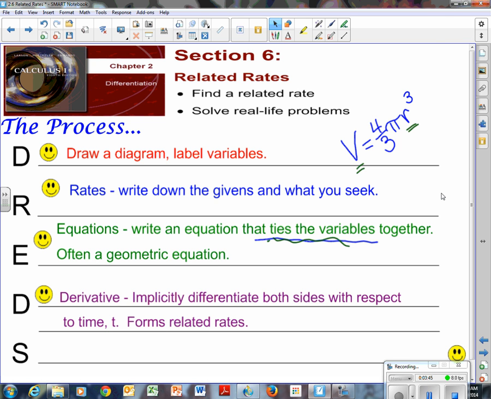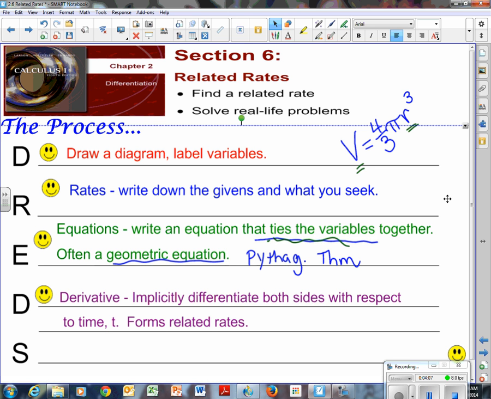Often these equations will be geometric. Example, the sphere, a cone, a cube. We also could do things that involve the Pythagorean theorem, so don't forget that powerful theorem on these problems. Another thing that you're going to do after we get our equations written, we will take the derivative, which will be implicit differentiation.